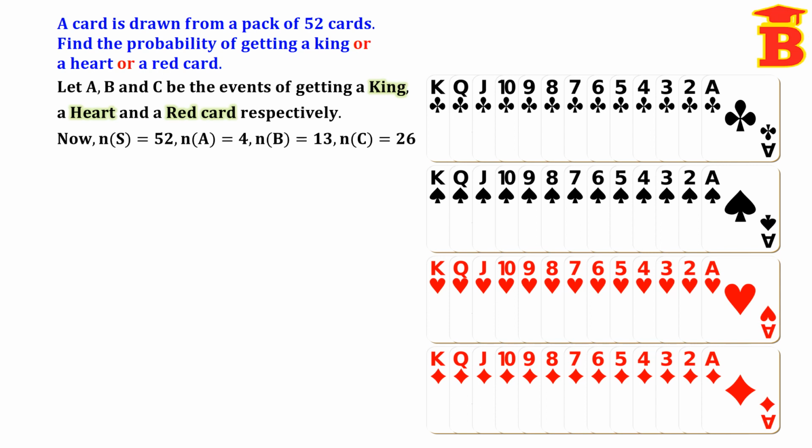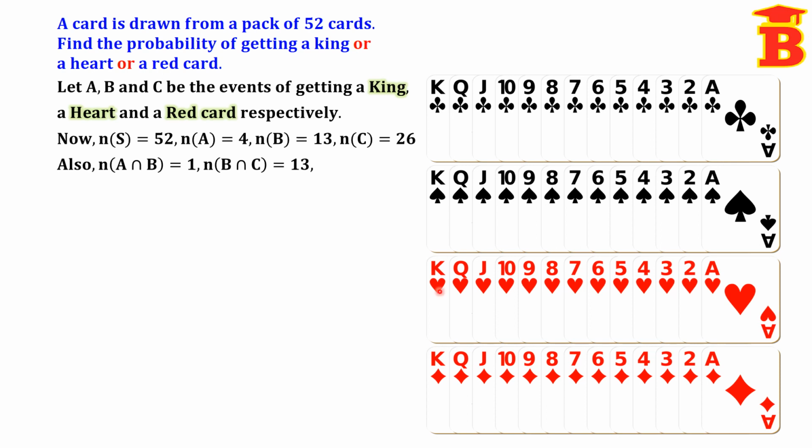Next, let us write the intersections. King, heart, A intersection B is 1, because there is a heart king common. So n of A intersection B equal to 1. Next, B intersection C, heart, red card, these 2 intersection.